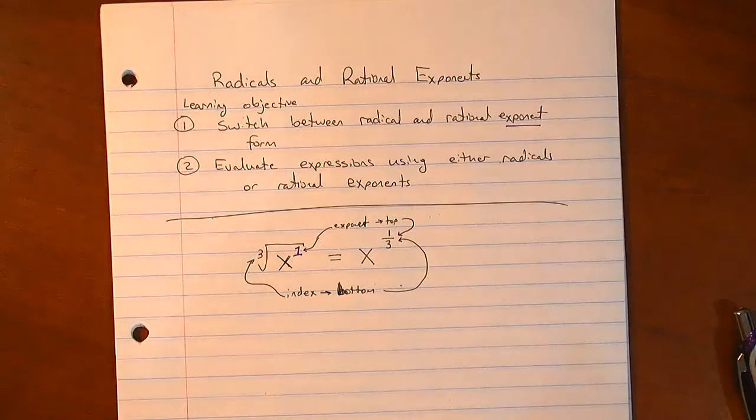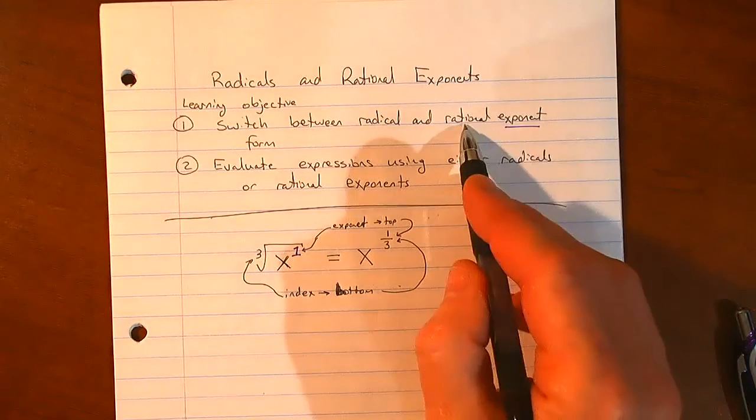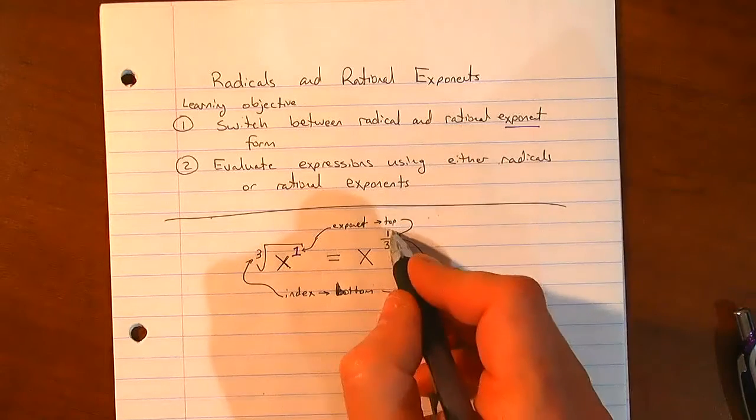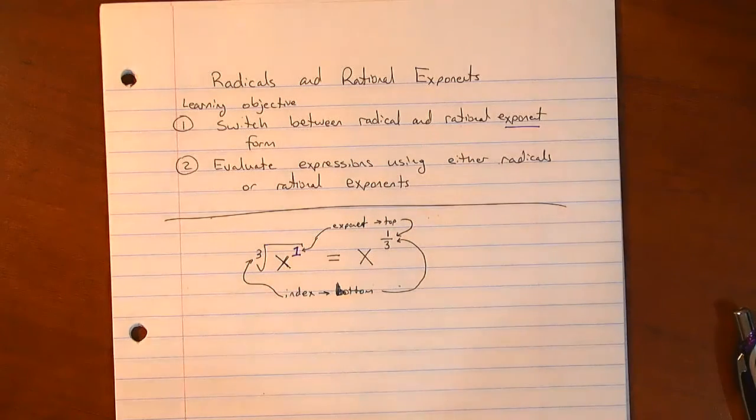Now that whole fraction is in the exponent. That's why it's called a rational exponent or fractional exponent. The whole thing is in the exponent. And so this simply becomes a convention in mathematics that we say these two things are equivalent. It's just two different ways of expressing the same idea.